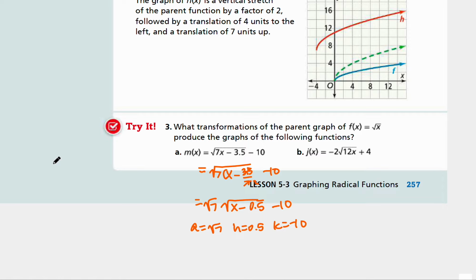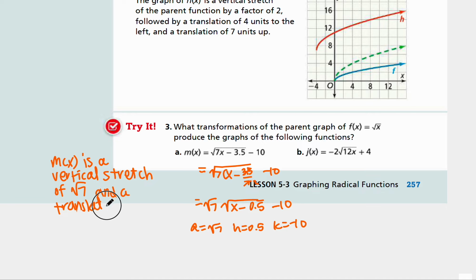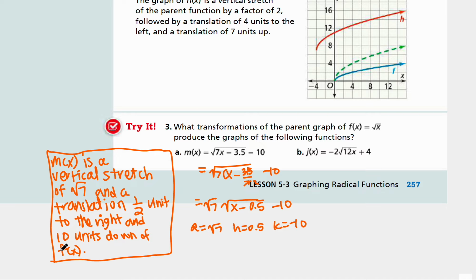So m of x is a vertical stretch of root 7 and a translation half unit to the right and 10 units down of f of x. So that would be our first answer for part A.